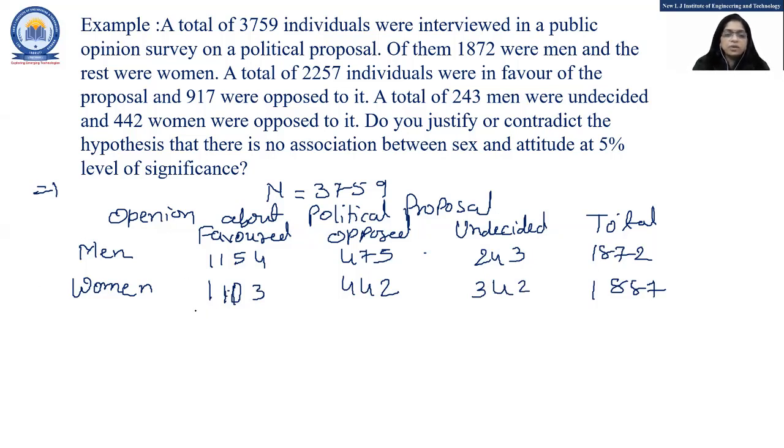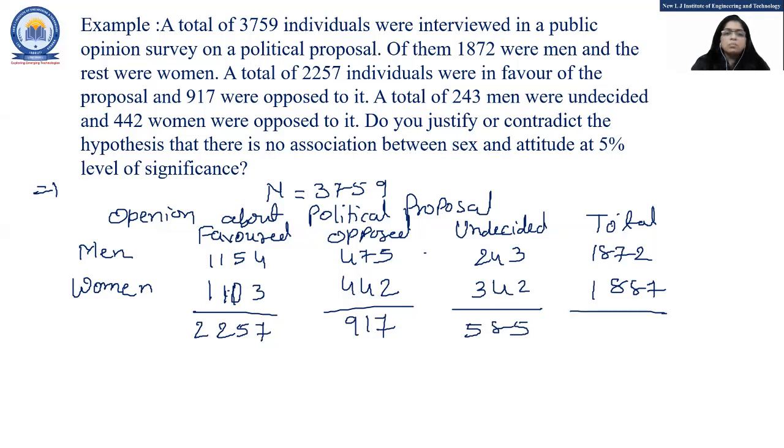So total favored persons, men and women, are 2,257, total opposed persons 917, and undecided are 585. From the total, men and women is 3,759, right? So you can check through the column and through the row. The total is same. Now, number 1, null hypothesis.